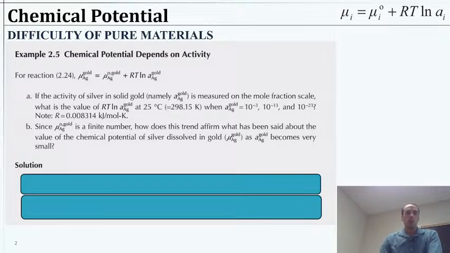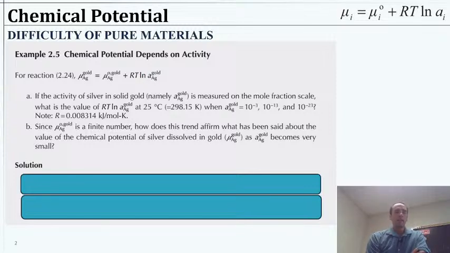Okay, so the question then says, looking at gold and chemical potential here, we have this reaction. The potential for, I think this is silver on a gold surface or interacting with gold, is equal to the standard state plus RT ln of the activity there.